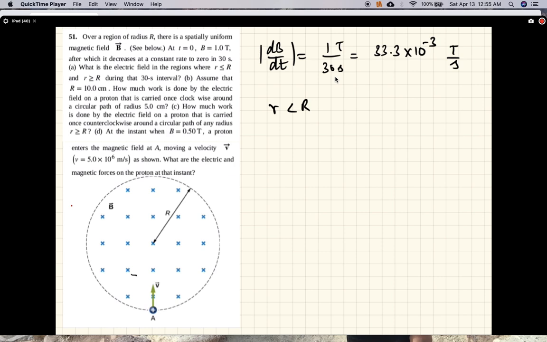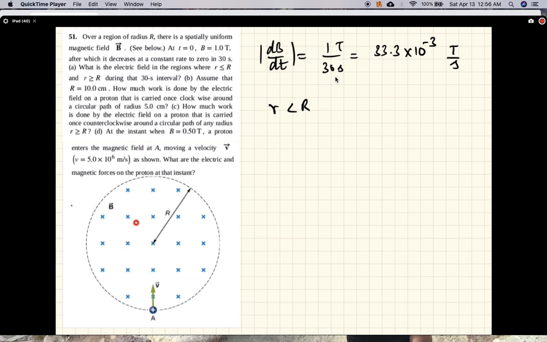Okay, so here is the magnetic field. It's going into the sheet of the paper and it's decreasing. So the induced EMF should be such that it's wanting to oppose this change.